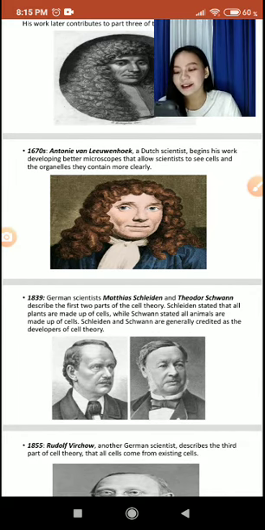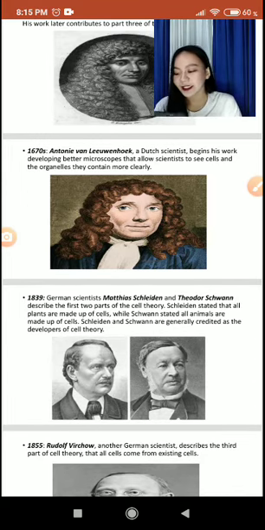Matthias stated that all plants are made up of cells, while Theodor stated that all animals are made up of cells. They are generally credited as the developers of the cell theory.